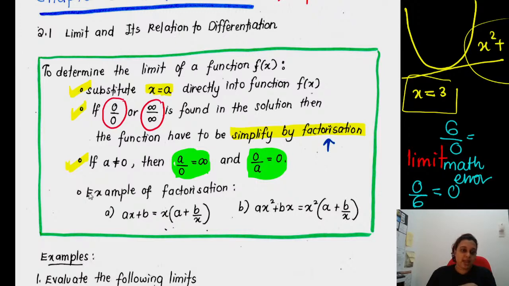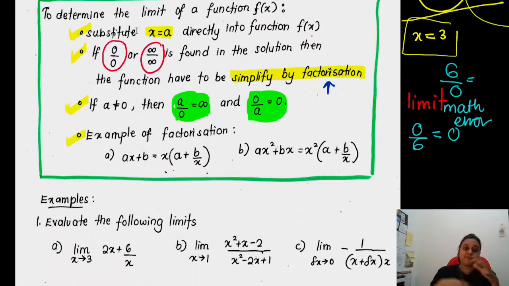Now we go to the last part, an example of factorization. The teacher is not going to go much into this because it is just factorizing, and different questions will have different ways of factorizing. But for your quick review, here they factorize the x out, so they pull the x out.